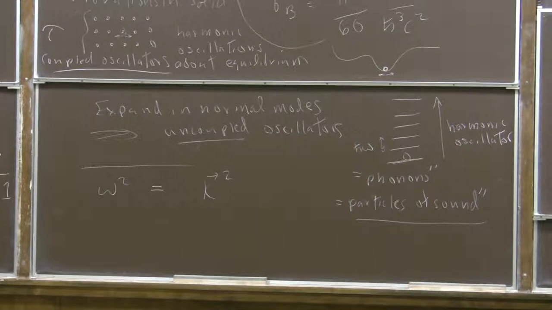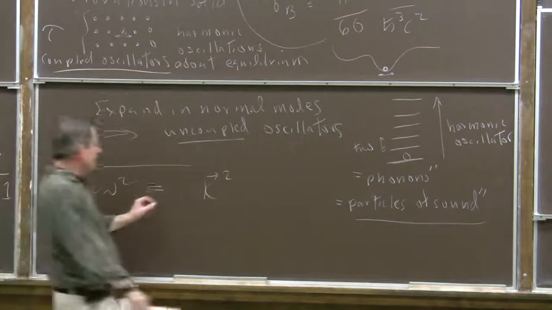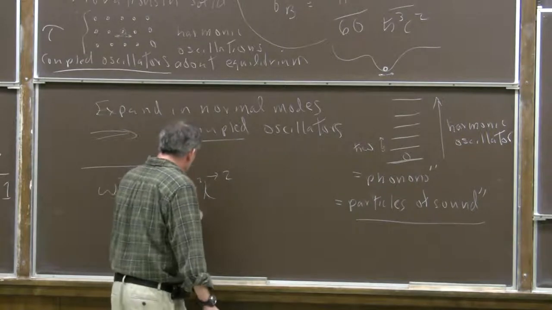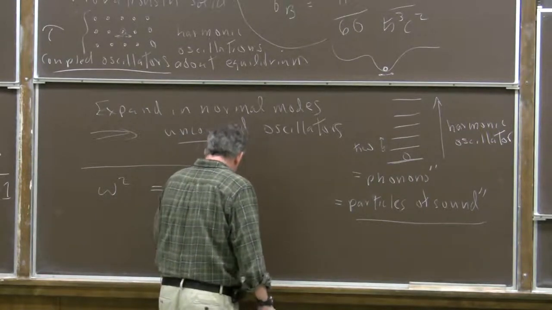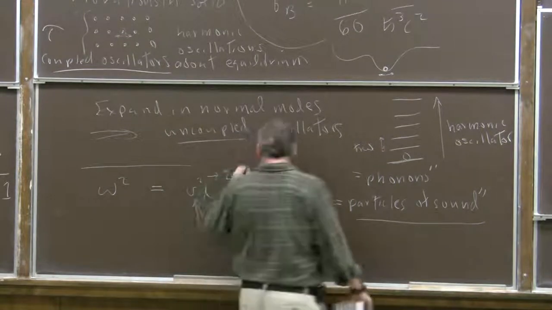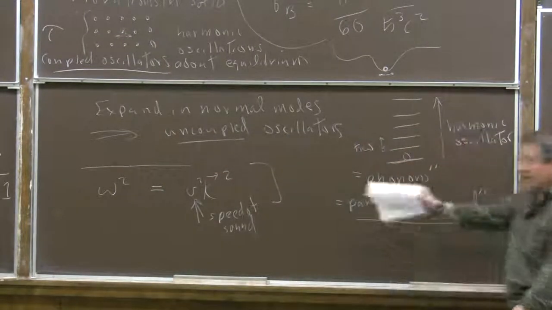Well, if it were light, what would it be? Yeah, so in this case, it will be the speed of sound. So this is a dispersion relation in which the frequency is linear in k.